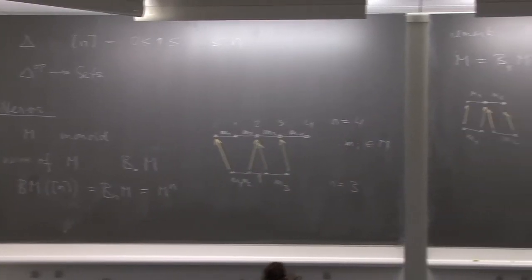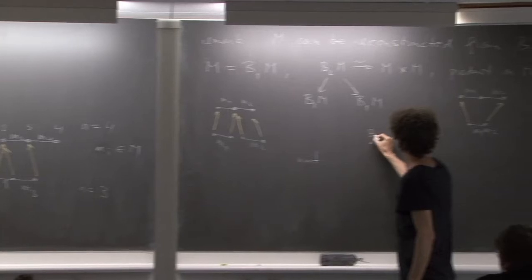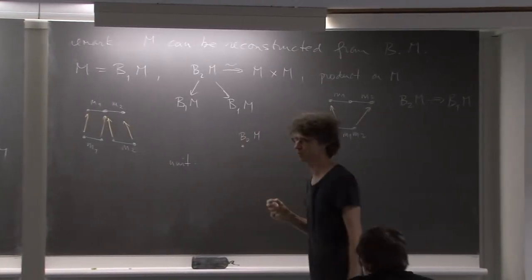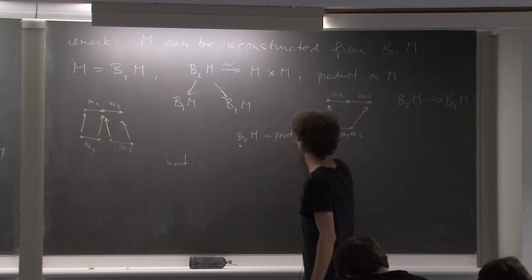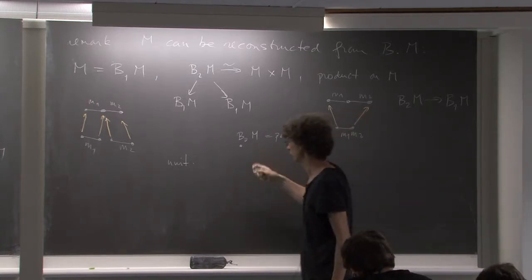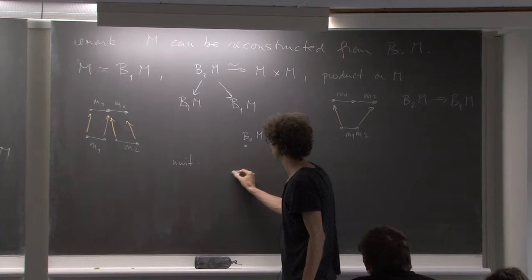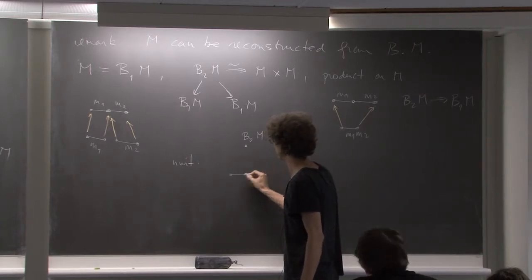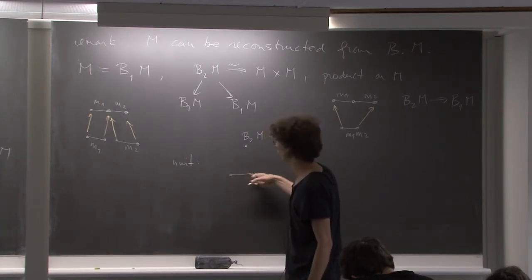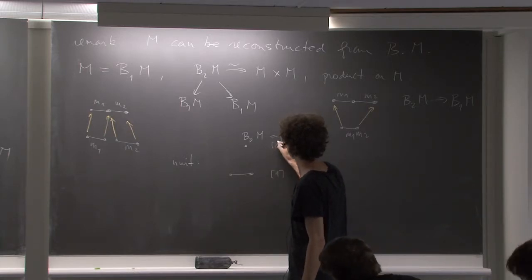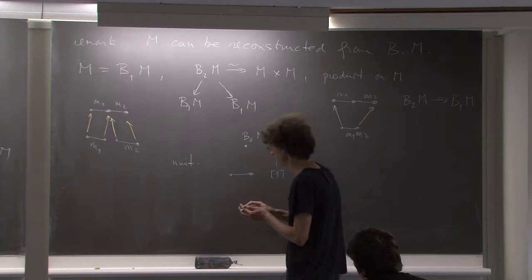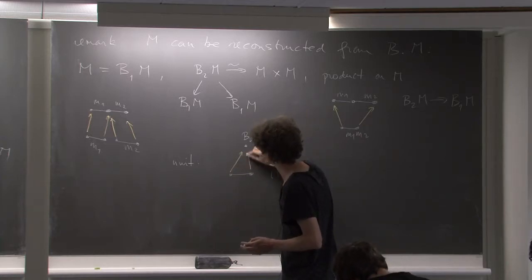So we take B0 of M, which is just a point. There is nothing here, or there's a single element. And now we take this unique morphism going from 1 to 0, which is everybody's map to this single point.